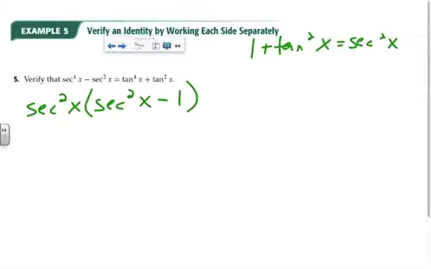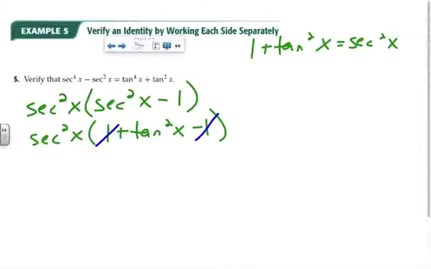So I can take that and substitute it in inside this parenthesis. So I have secant squared of x times 1 plus tangent squared of x minus 1.